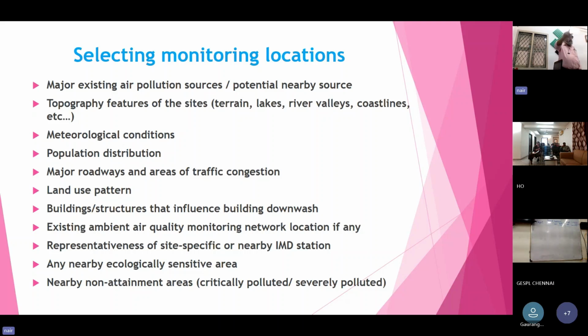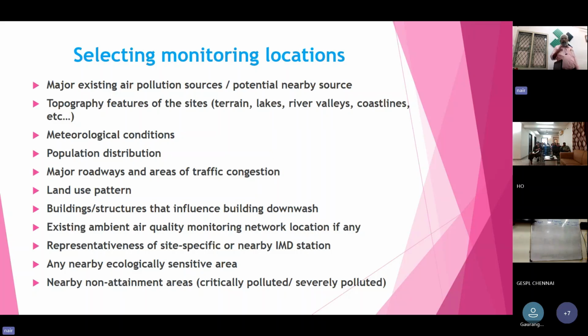If defense installations or missile projects are there, or something sensitive to the security of the country, that is also non-attainment. It is specifically mentioned. Critically polluted areas and severely polluted areas also come under non-attainment areas. If it is so, you should be very careful in putting monitoring stations.